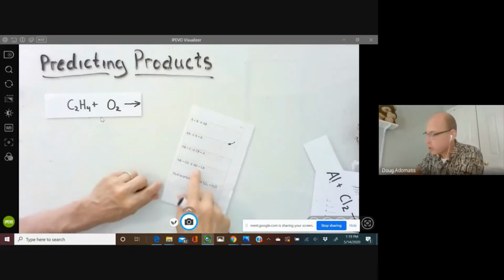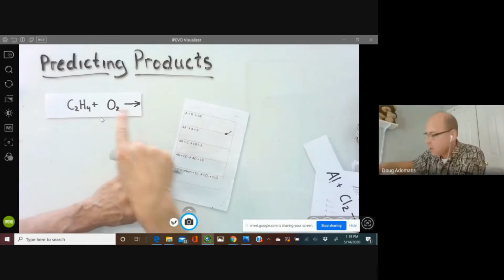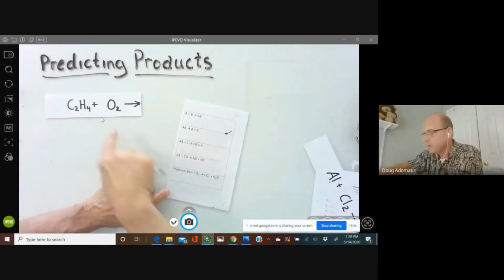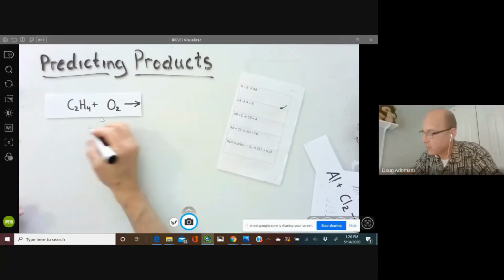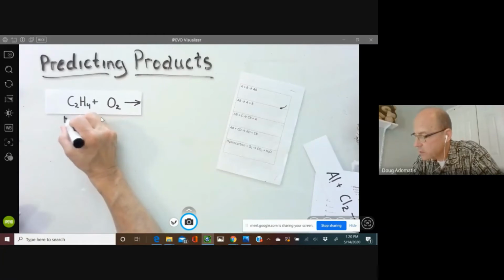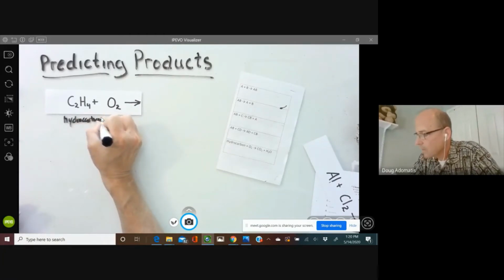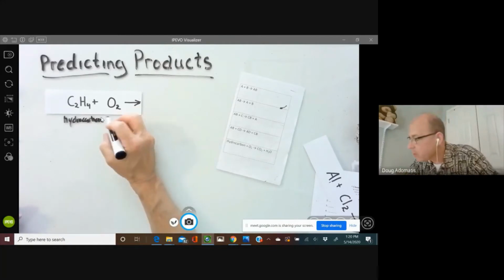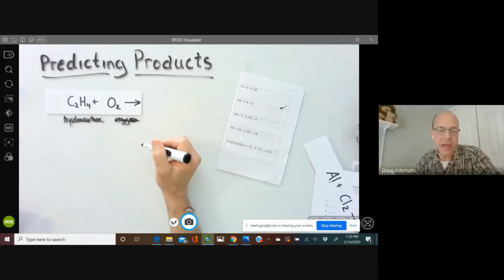It does look a lot like a single replacement because we've got the one thing here, and you would think that, but here's what you need to recognize. Anytime that you've got a hydrocarbon, and that's what this is, burned in the presence of oxygen, that's a combustion reaction.